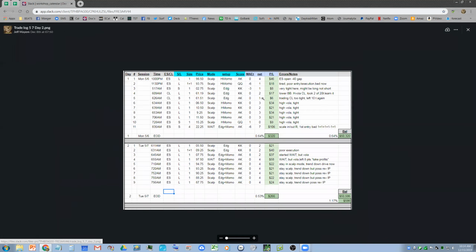And one of the questions that came up about this was, God, do I have to log every trade? And the answer is no. Particularly if you're scalping and doing HMOMO scalps, you could do 10 of them and just put trades 8 through 17 or whatever. So that's one way to deal with that.